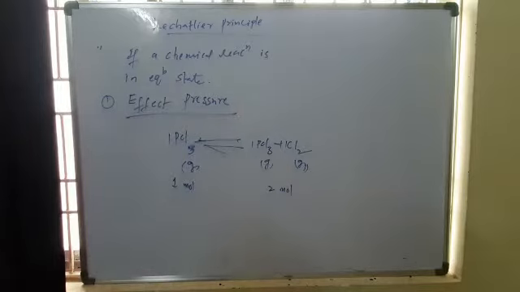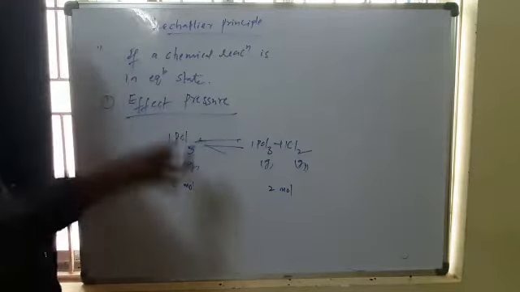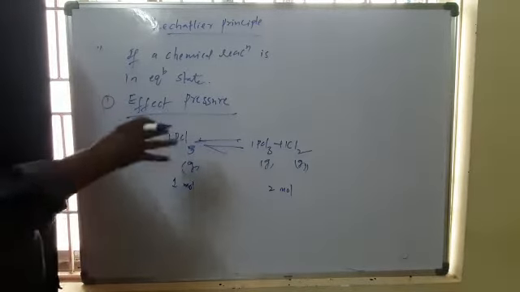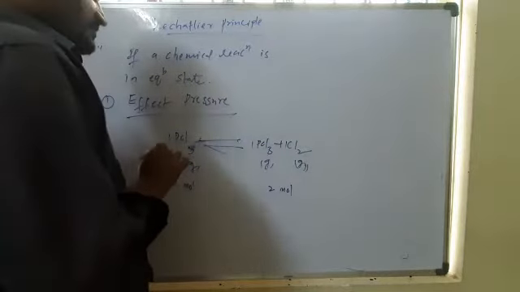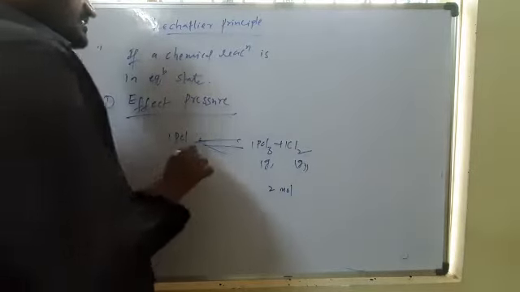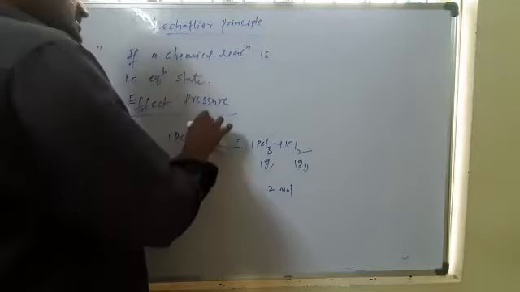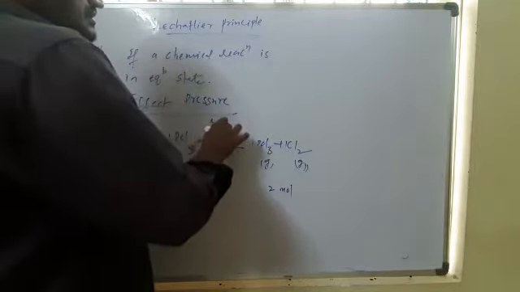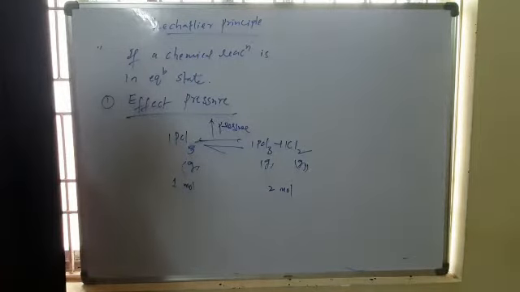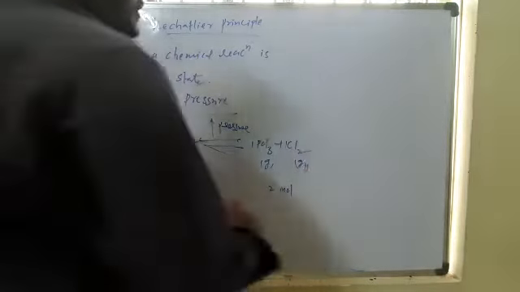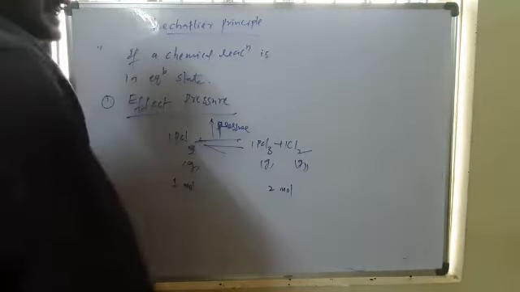According to Le Chatelier principle, if we subject this to a change in pressure, how will the equilibrium be shifted? If you increase the pressure for this reaction, the equilibrium will always be shifted towards the side with fewer gaseous moles.